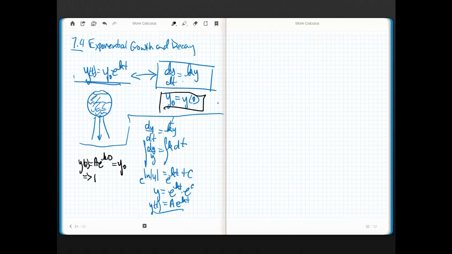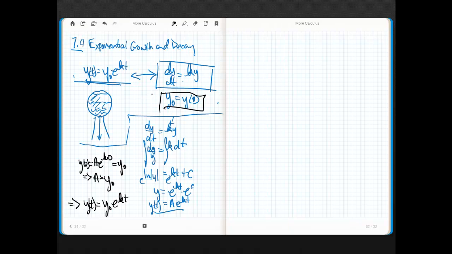This implies that a equals y naught, which implies that y of t is equal to y naught e to the kt. Isn't that cool? That's awesome. And now, really, there is no calculus in 7.4. It's all Algebra 2 stuff that you've seen before, but it's also getting you acquainted with some of the language of how these things work.